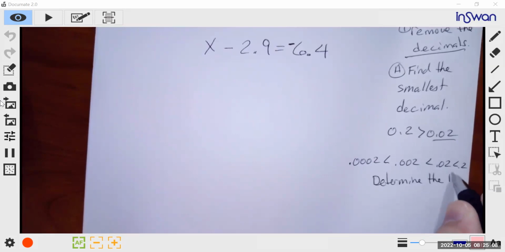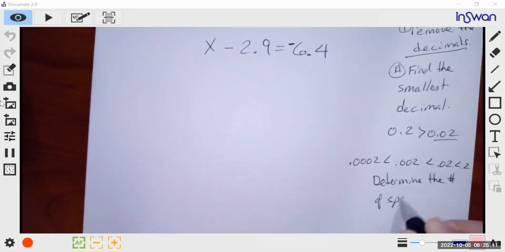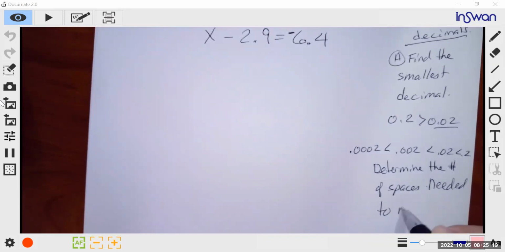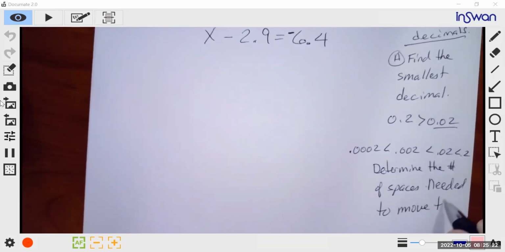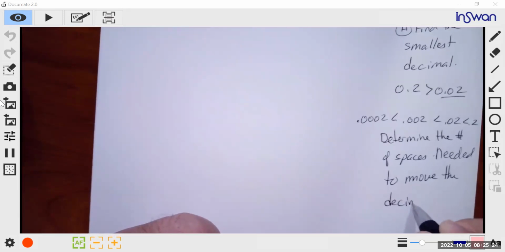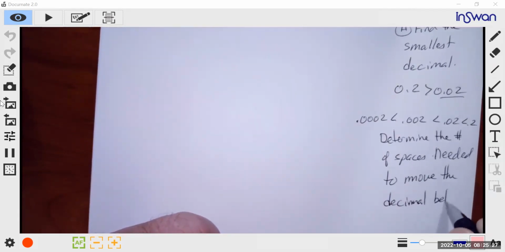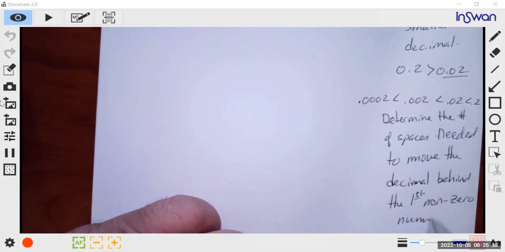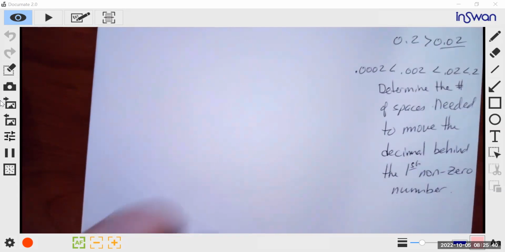Determine the number of spaces needed to move the decimal behind the first non-zero number.